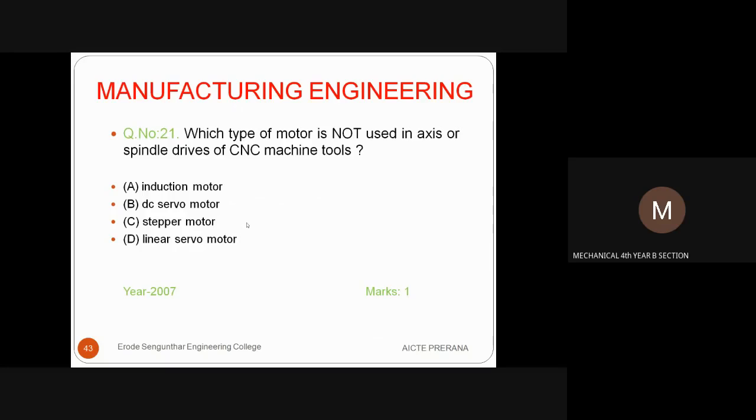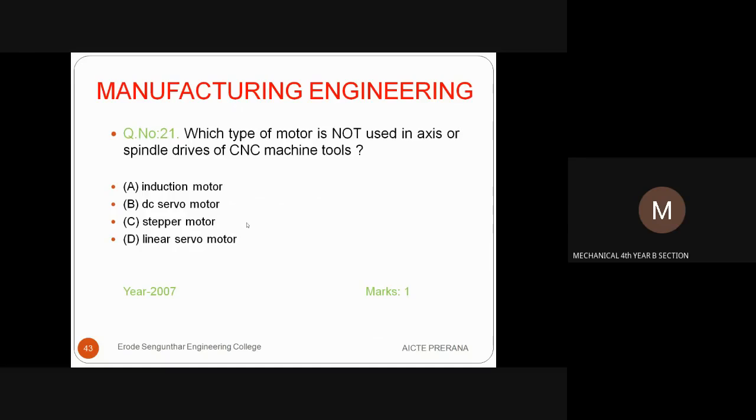In these options, stepper motor alone you may not be aware of. You would have studied stepper motor in mechatronics. We have three types of stepper motors: variable reluctance stepper motor, permanent magnet stepper motor, and hybrid stepper motor.